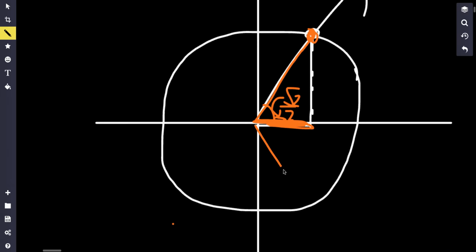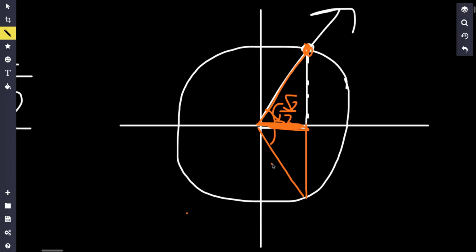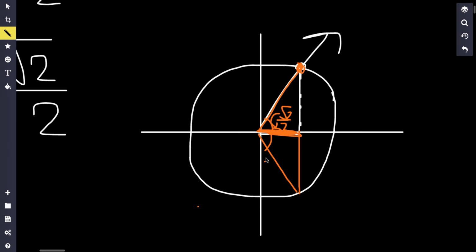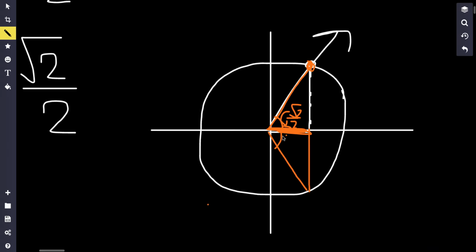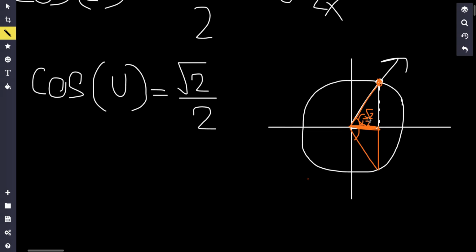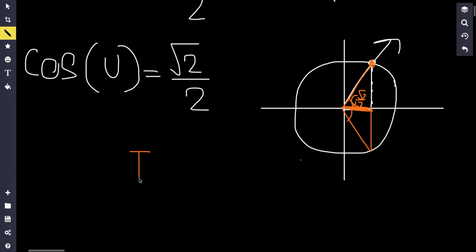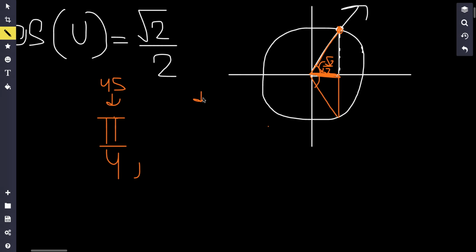And notice how you can form two triangles. There are going to be two angles where you have an x value of root 2 over 2. One angle right over here is the 45-degree angle, which is the same thing as pi over 4. And you also have 315 degrees, which is the same thing as a negative 45-degree angle.